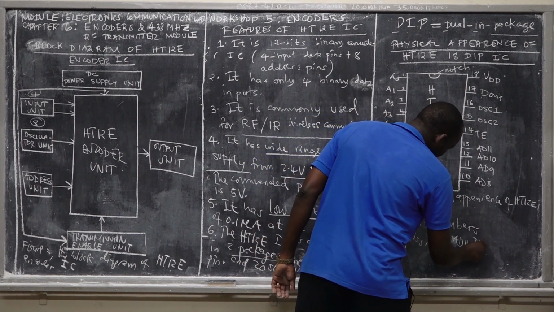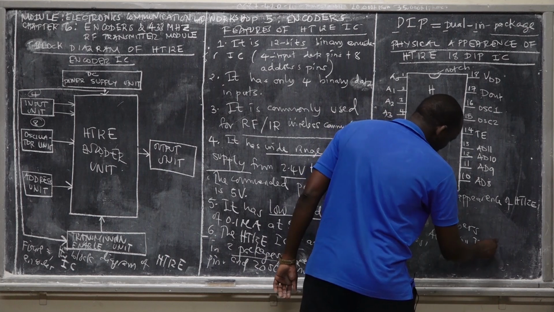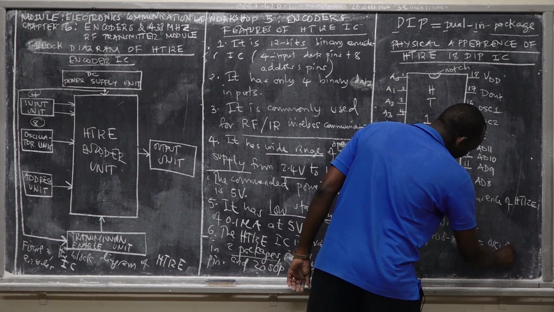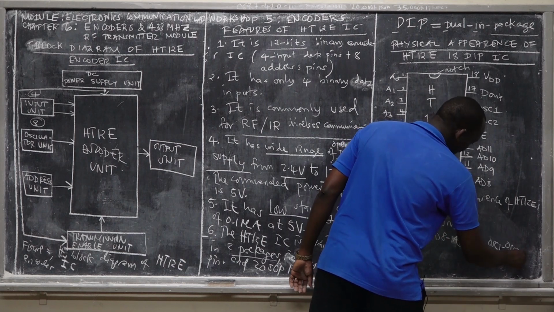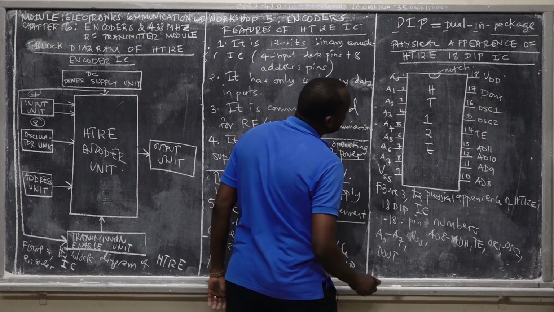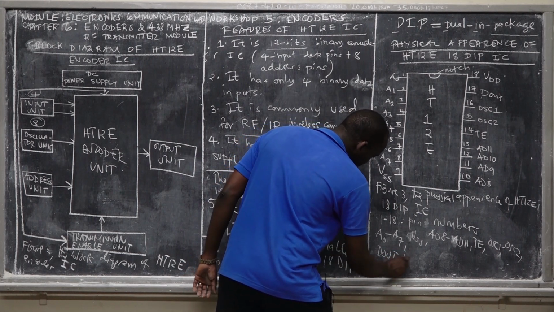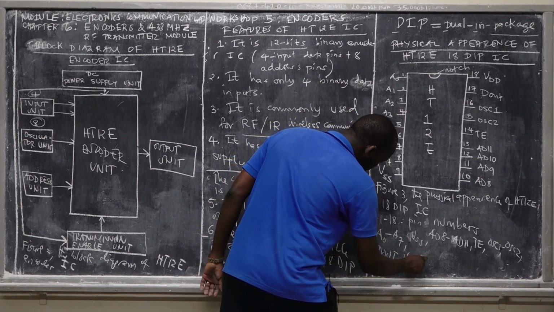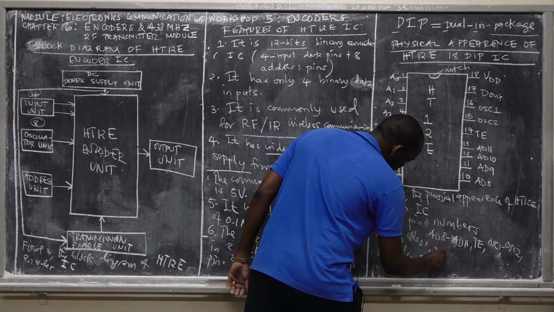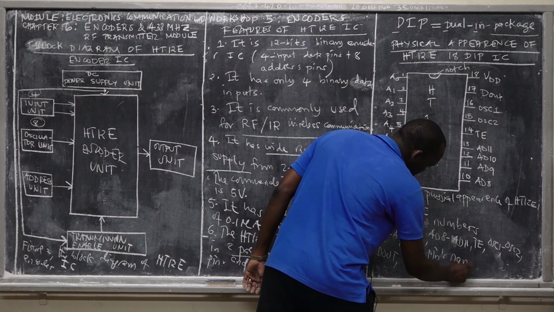Also we have TE transmission. We have oscillator 1, oscillator 2. Then we have D out, and also we have VDD. So these we call pin names.